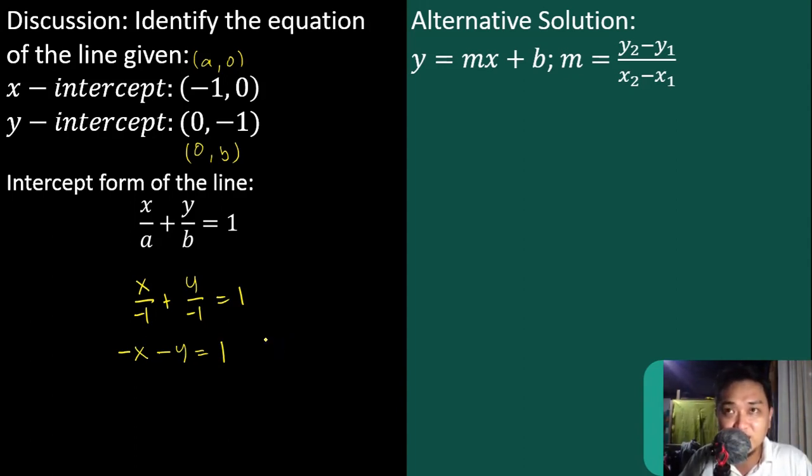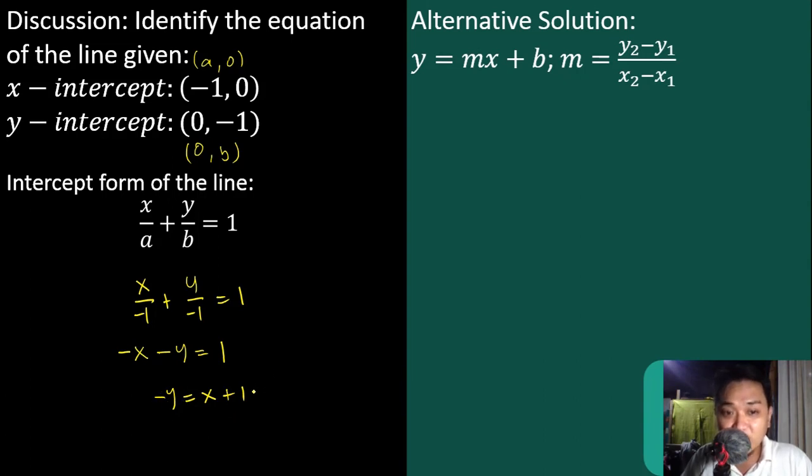It is in the intercept form of the line, right? But if we are curious about its slope-intercept form, we can also convert it. That is nice so we can see the slope right away, and the ordinate of the y-intercept. All we have to do is transpose negative x to the other side. We have negative y, and transposing negative x becomes positive x, plus 1.